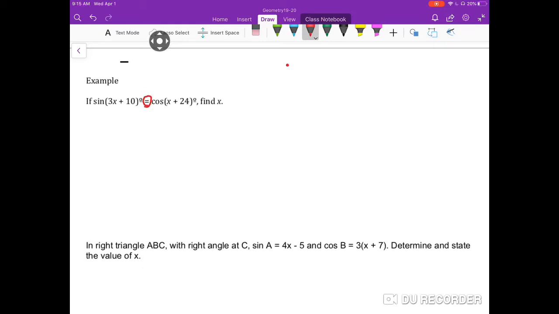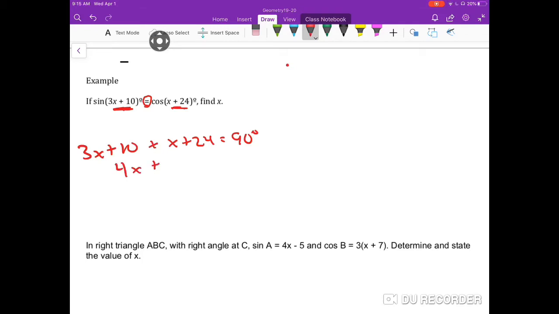Sine and cosine are equal when the two angles, meaning the two things in the parentheses, add up to 90 degrees. So all I have to do is take the two angles, what's in the parentheses, and add them up to 90 degrees. And I can solve and figure out what x is.